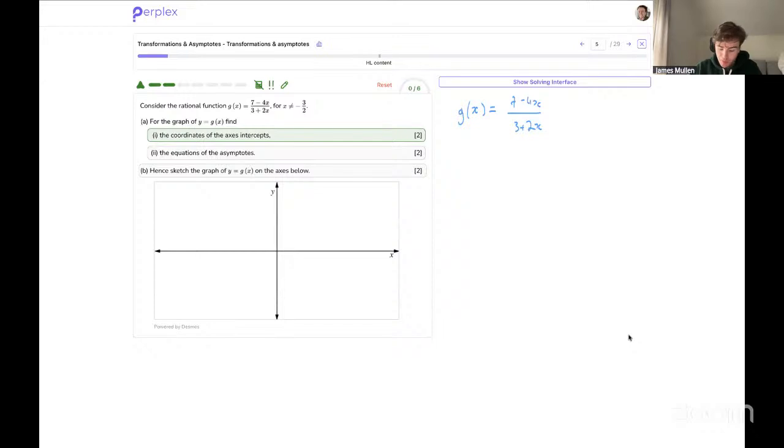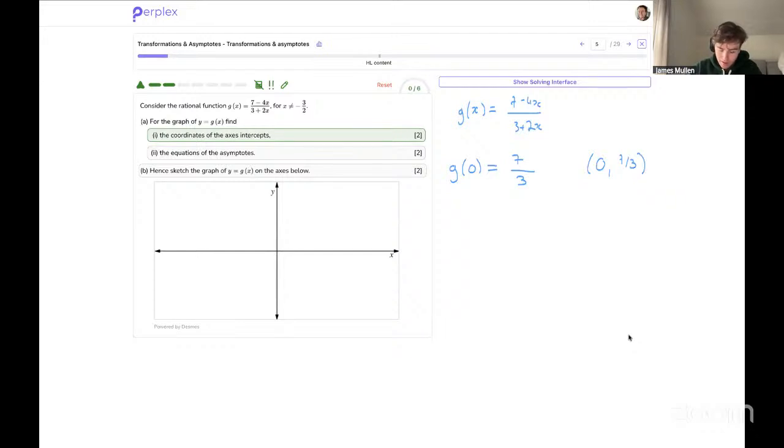Let's start with the easier one, which is the y-intercept, which is when x is 0, and that's going to give me 7 minus 4x doesn't do anything because it's 0, and then divided by 3. So 7 over 3 is my y-intercept, and the question wants coordinates, so I have to put (0, 7 over 3). Okay?